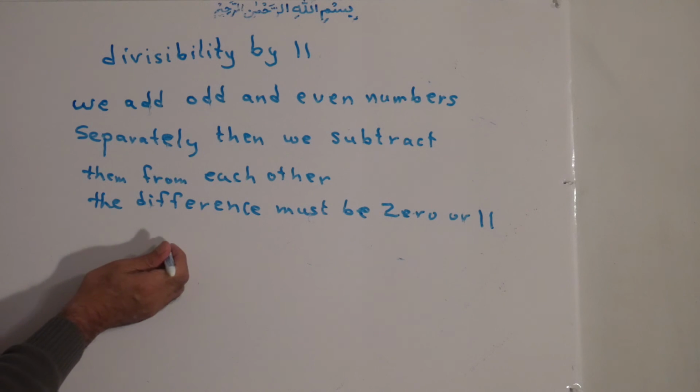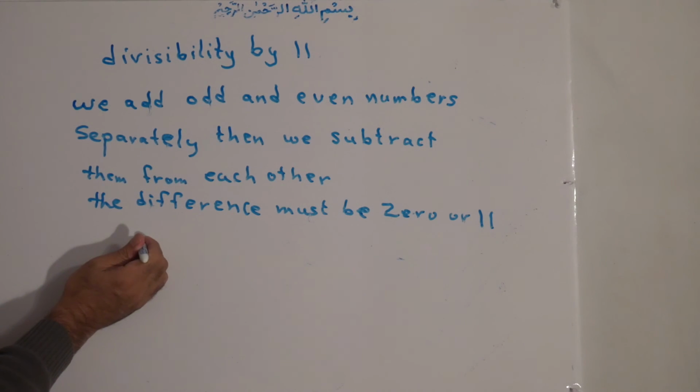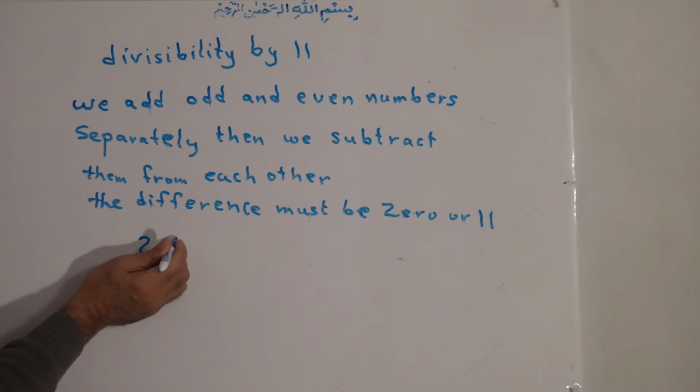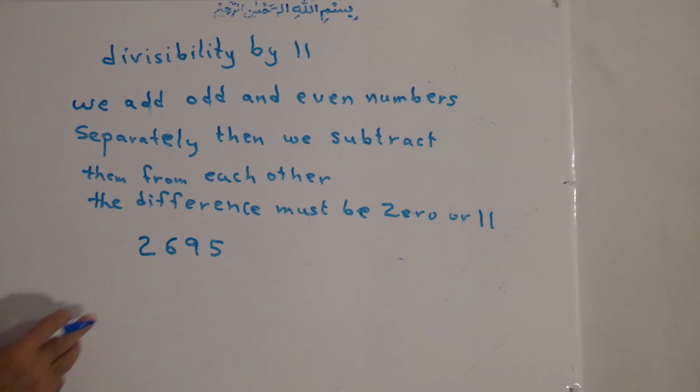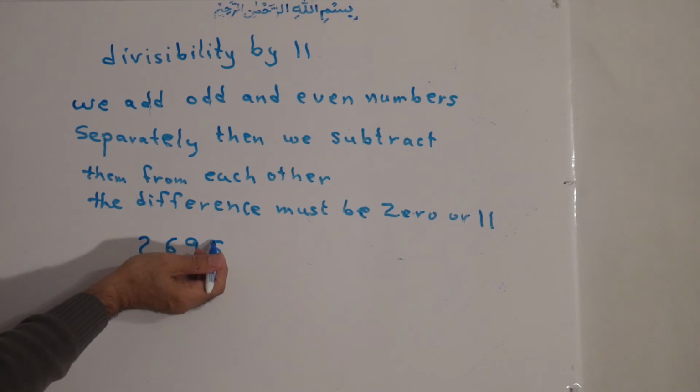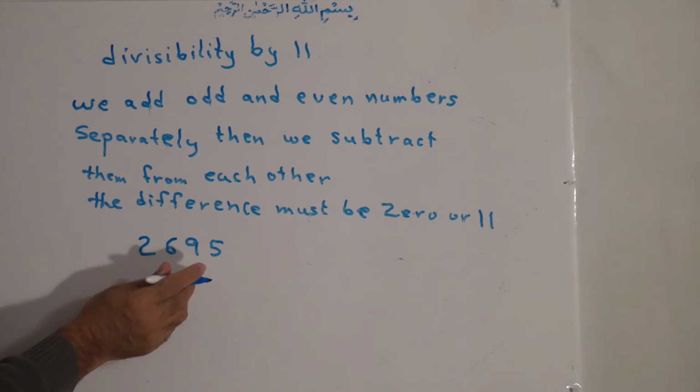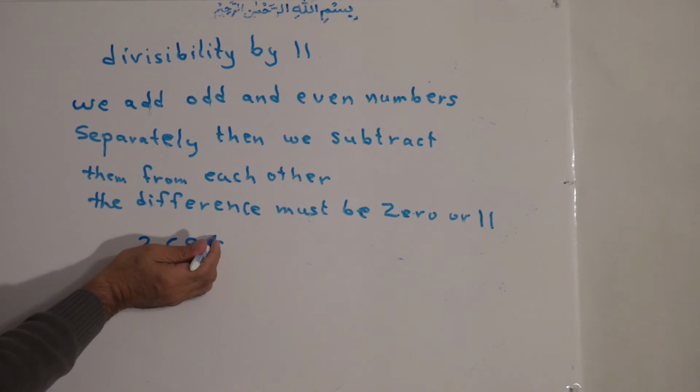For example, 2695. The first digit is the odd digit.